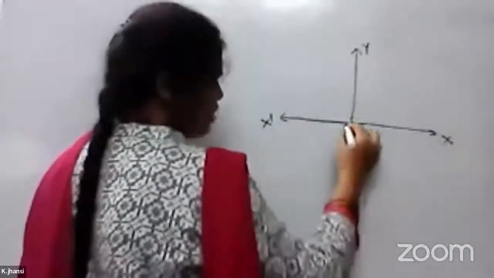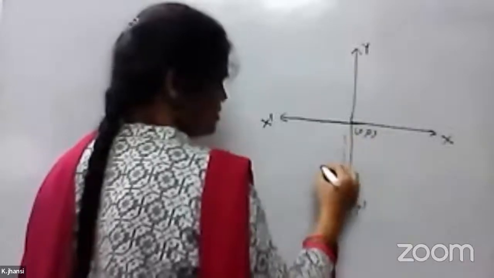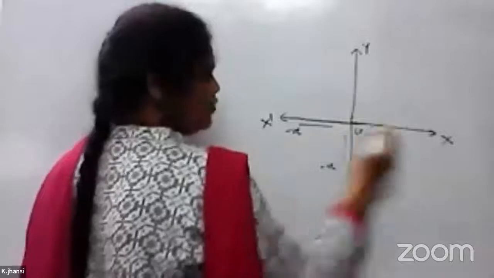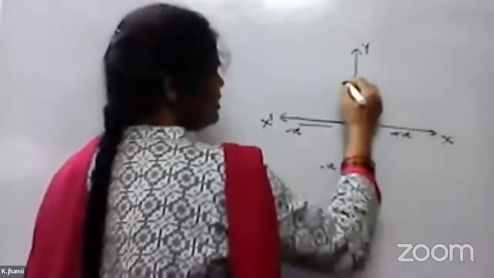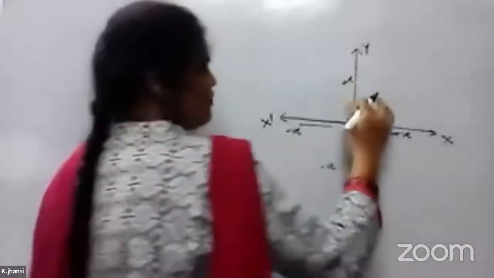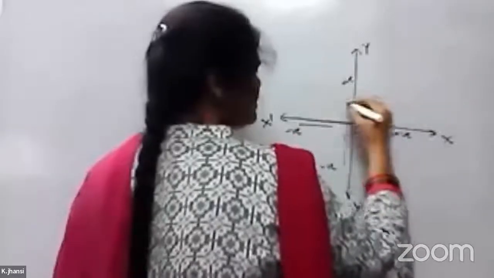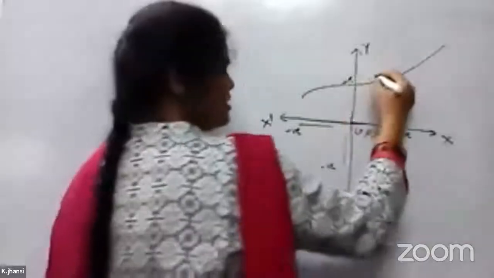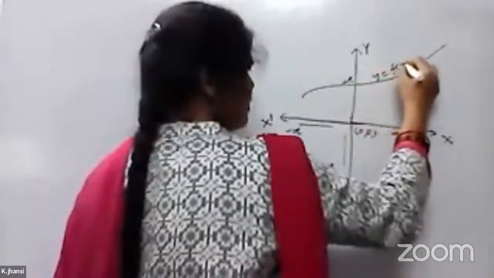So all these y values will be negative, and here all these x values will be negative, and these will be positive. Whenever you have a diagram like this, any function moving like this is called y equals f of x.